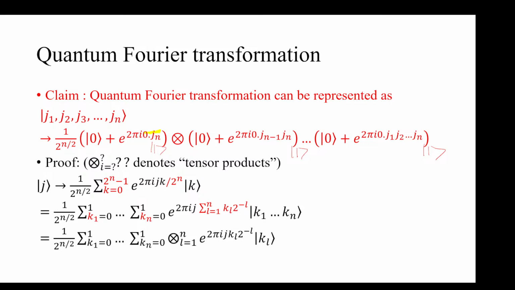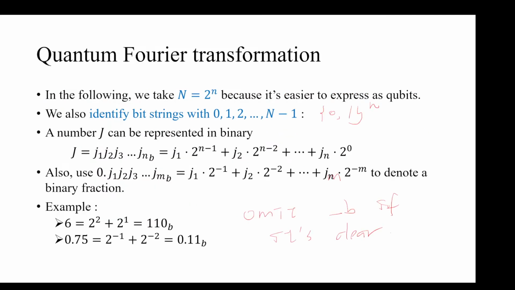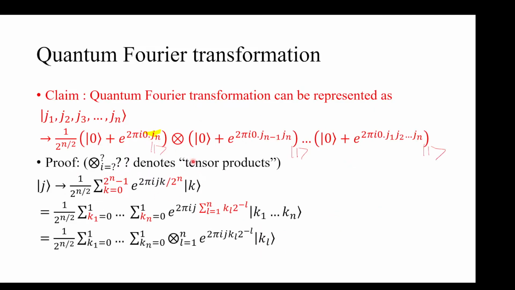Okay, so this 0.jn is either 0 or 0.5 because of this notation. This is 2 to the minus 1 times jn, so this thing is basically jn over 2.